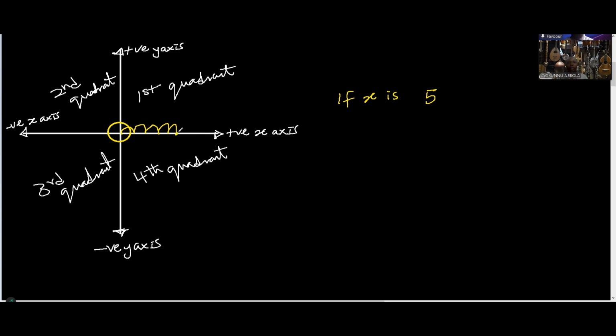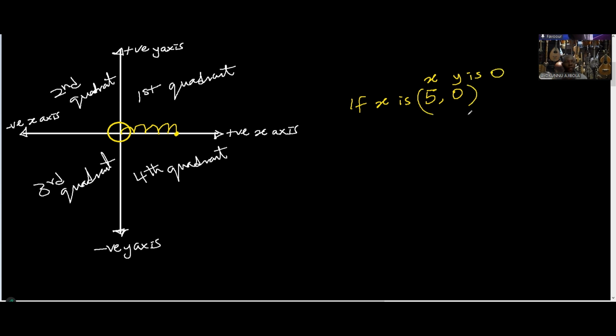And x will only be on the line if y has no value, like maybe y is 0. So this is for x, this is for y, okay? So if x is 5 and maybe y is 0.